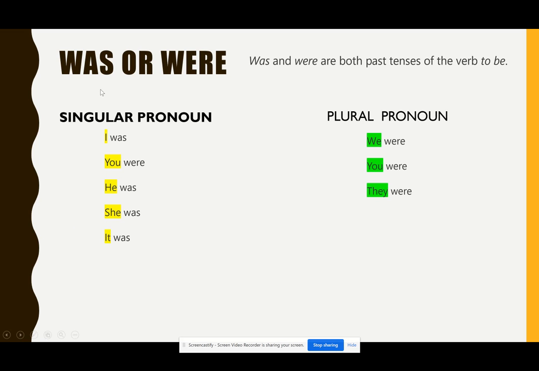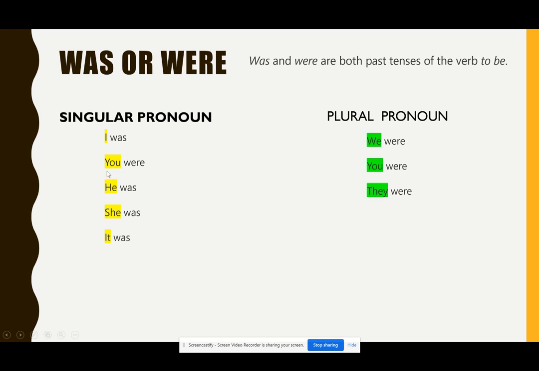Okay, was or were. Was and were are both past tenses of the verb to be. So let's look at some of these examples. If you have a singular pronoun, I, you, he, she, it, let's look at how we do that.